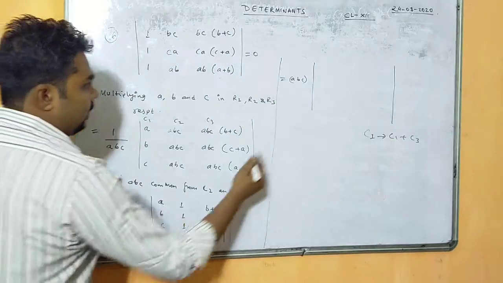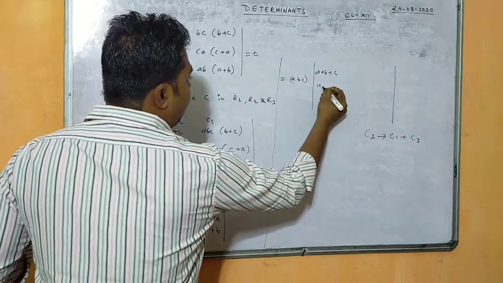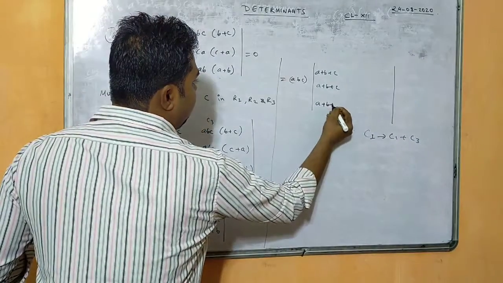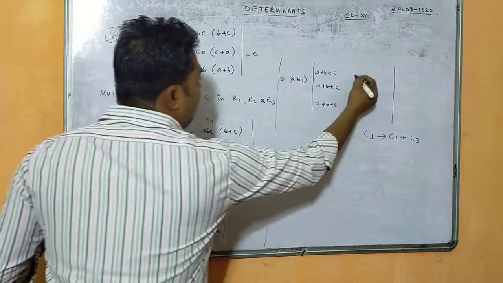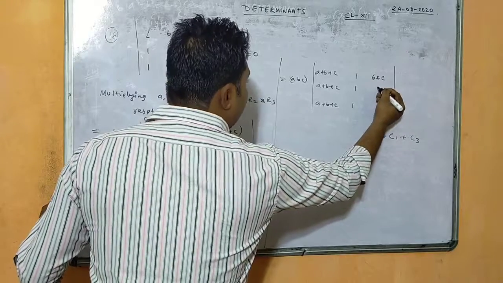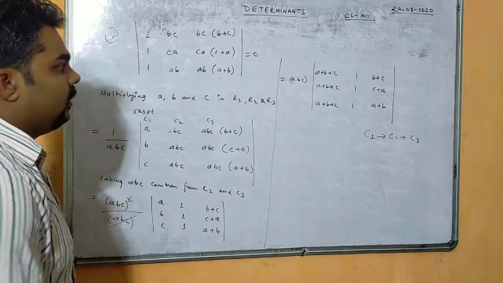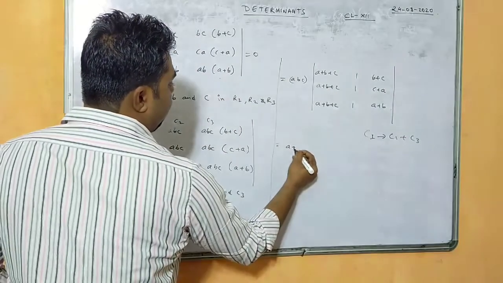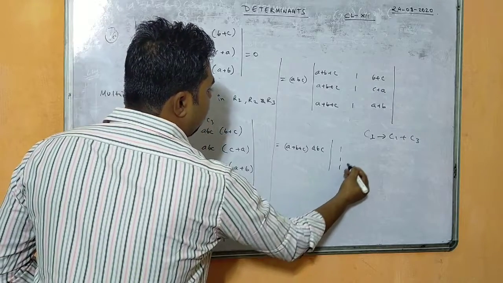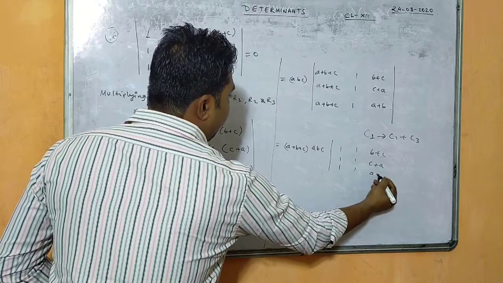A plus B plus C, we will get here A plus B plus C. Similarly B plus C plus A, that is A plus B plus C. Similarly C plus A plus B, A plus B plus C. So we have 1, 1, 1, 1, 1, 1 to be written as it is, B plus C, C plus A, and A plus B. Now A plus B plus C we can take out common here. ABC was already there, we will get 1, 1, 1, 1, 1, 1, B plus C, C plus A, and A plus B.